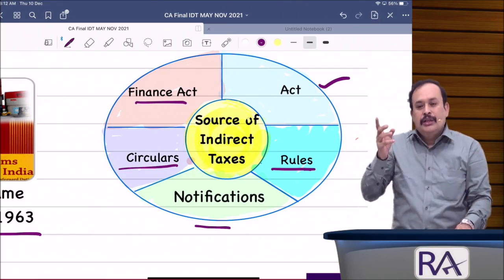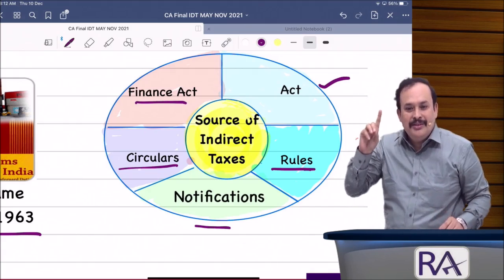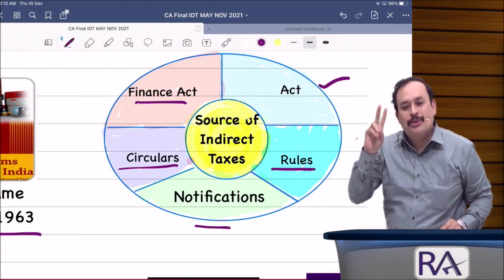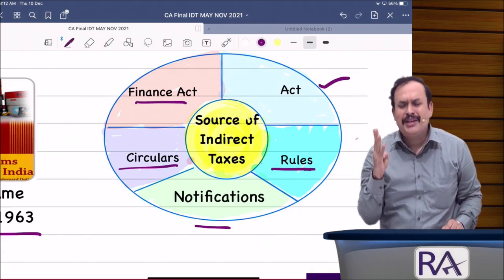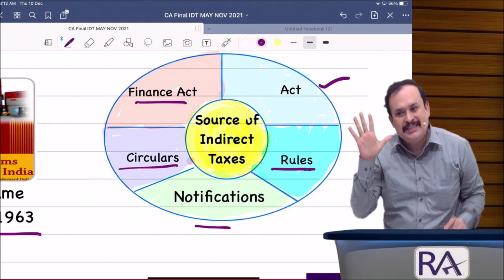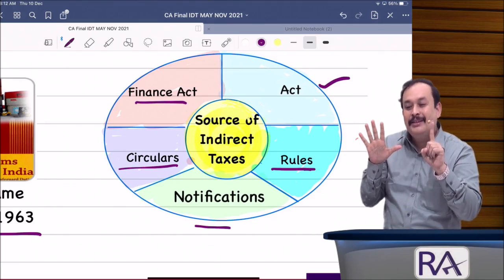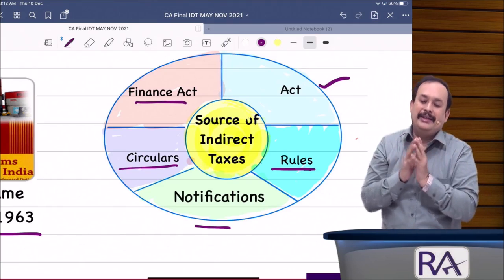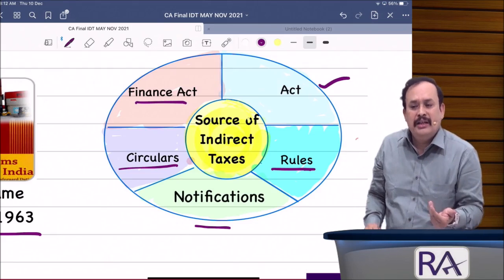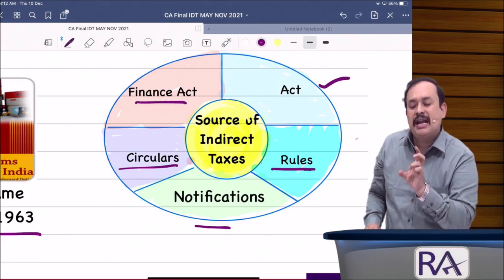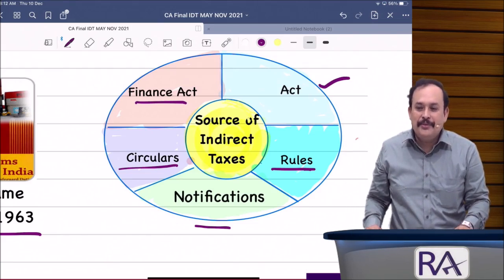So, sources of indirect taxes total 6: 1, Act; 2, rules; 3, notifications; 4, circulars; 5, Finance Act; and the 6th, judiciary. Case laws are very much warranted. I am also going to explain, wherever required, relevant provisions and relevant case studies. Got the clarity, all of you?